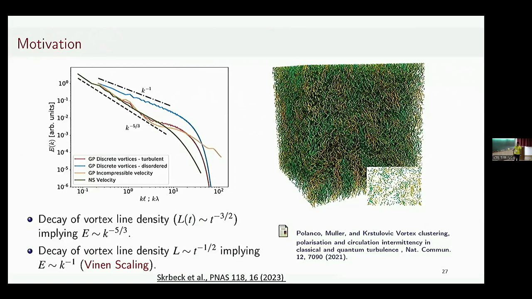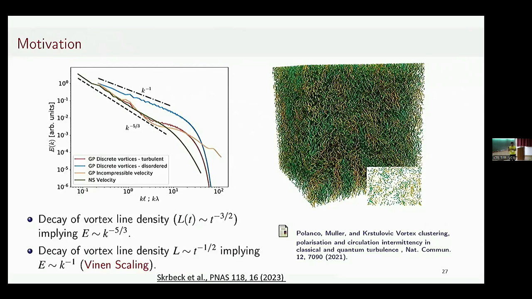However, if the vortex line density decays with a different power law that has a strong quantum effect, then it follows the k to the power minus 1 scaling, and that is known as Vinen scaling. So here we see that there is one arrangement of the vortices that makes the cascade just like a classical cascade, and another arrangement that is a Vinen-like cascade. It makes the cascade a quantum cascade, because that is not observed in the classical case.